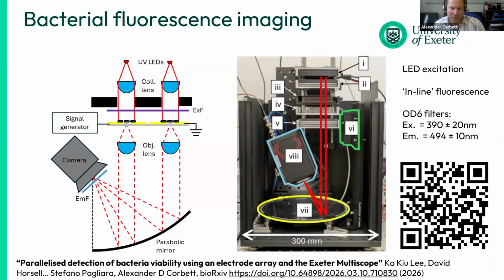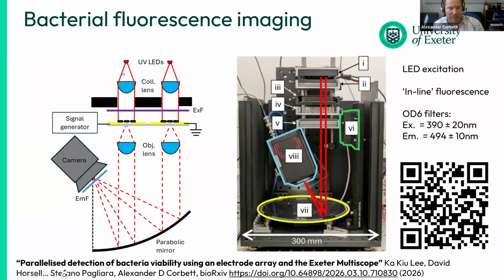And so we built a custom system. This is not the commercial Multiscope. This is just to indicate where the limits are. We didn't have the relay optics, and you can see why the relay optics are a good idea, because when you've got a big chunky fluorescence camera in there, it could start to obscure the optical path.